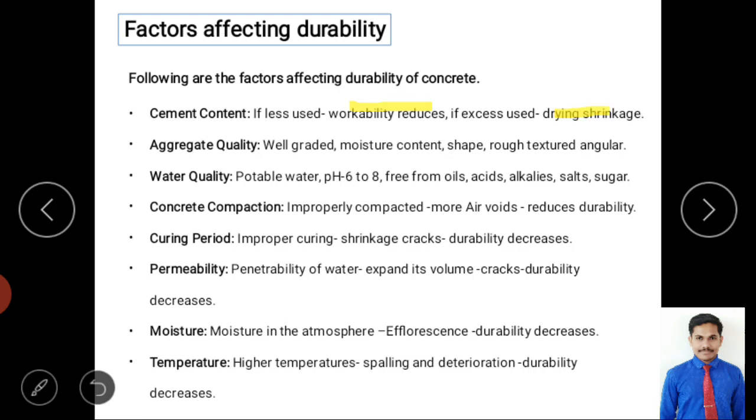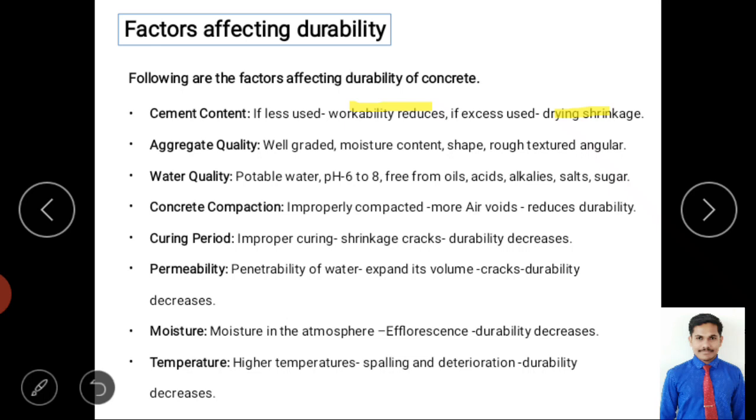We know what shrinkage means, right? If you use an excess amount, it causes drying shrinkage. So we have to use the optimum amount, exactly how much is required by proper design and calculation, should not be less and should not be more.